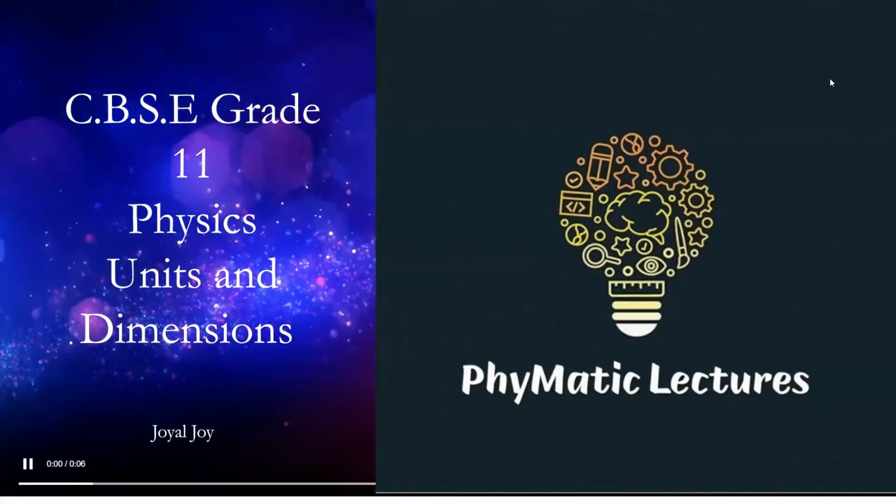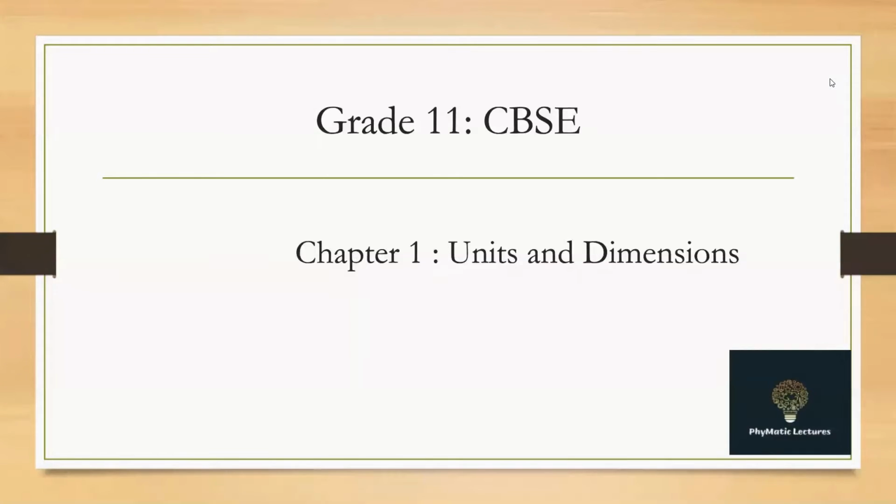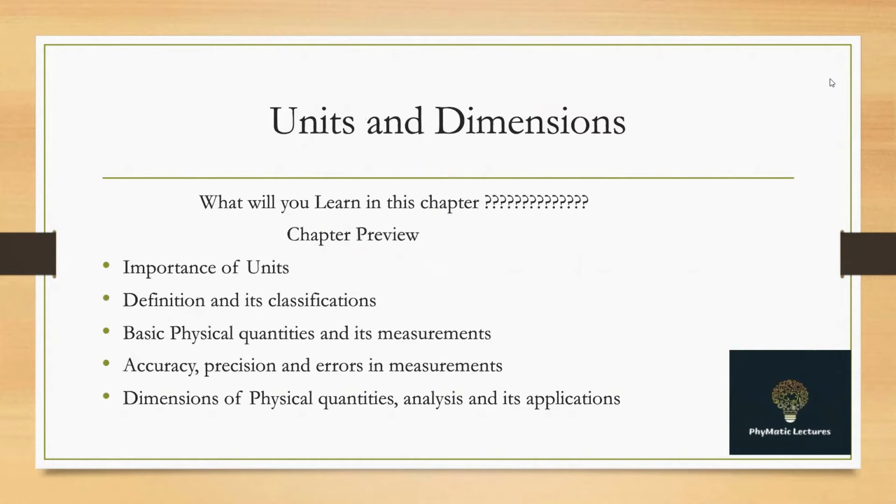Okay. So in this chapter, units and dimensions, we are going to learn about the importance of units, the definition of a unit, and its classification, then the measurement of basic physical quantities. As I mentioned, the basic physical quantities are mass, time, and distance.